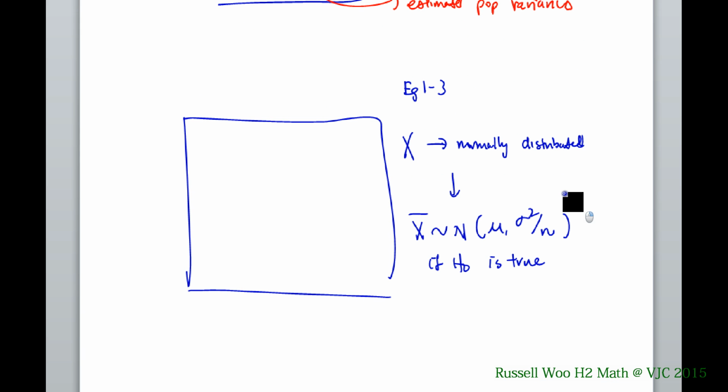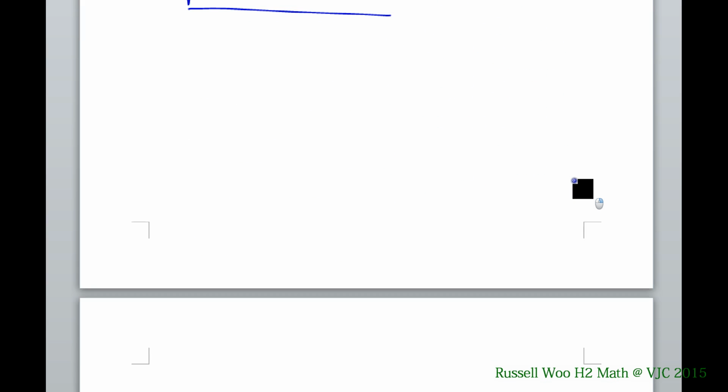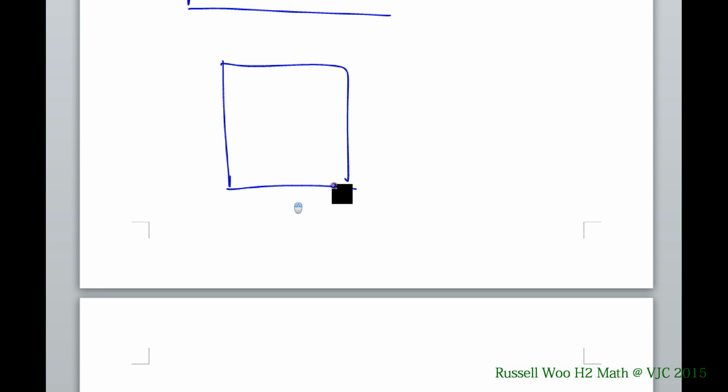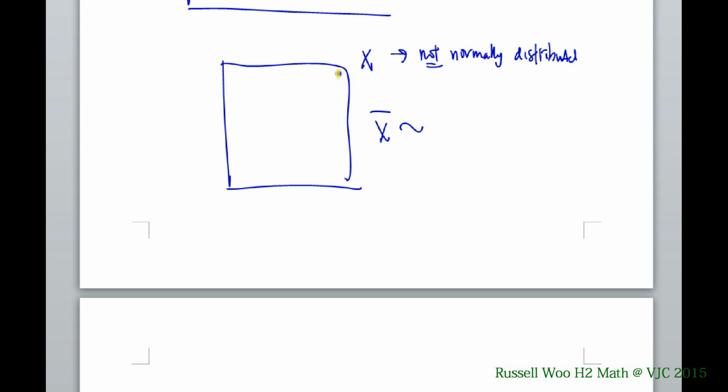But now, x bar means the mean of your sample mean. Now, what if we have a population that is not normally distributed? If X is not normally distributed, can we know the distribution of x bar?